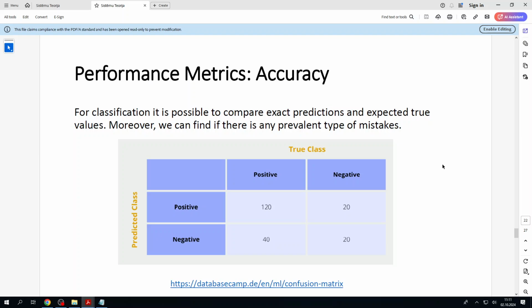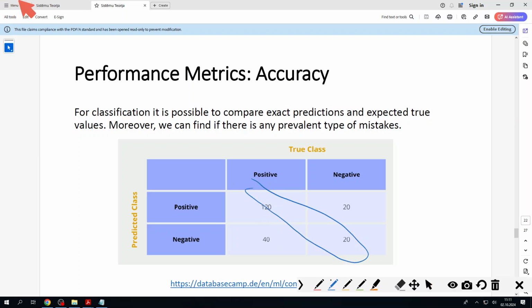I don't remember which I mentioned, but there are four possible outcomes, yes. And the correct answers are situated on this diagonal of the confusion matrix, like here. So when positive and positive match and negative and negative match. Here we have the prediction of our algorithm. Here we have what was actually true, yes?